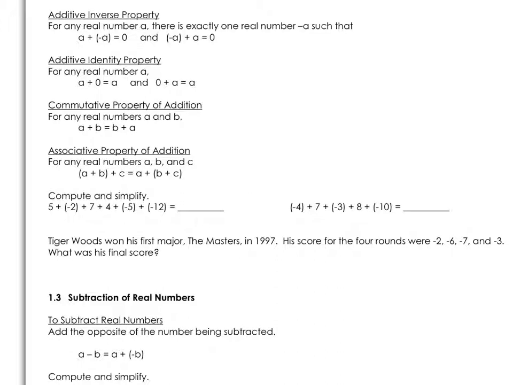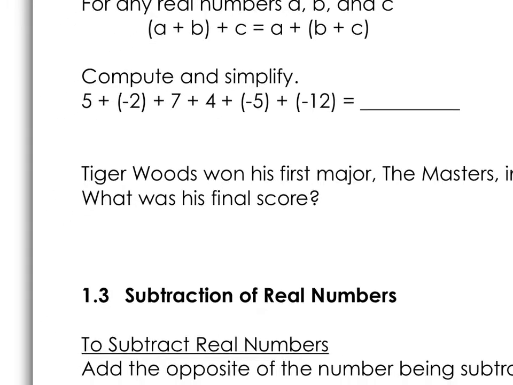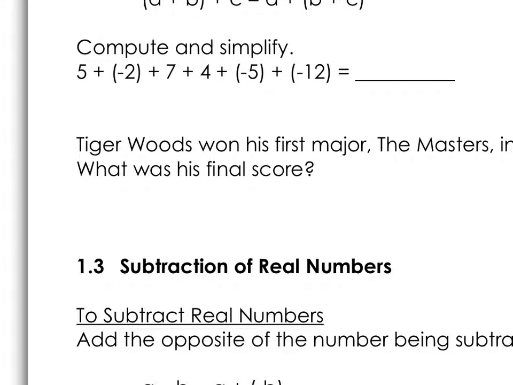So let's use these properties to compute and simplify. So what we found out is that a number and its opposite equals 0. So from this first example, because we have 5 and its opposite added together, we know we're going to get 0. We found out we can rearrange, we can put them in any order we want to, and we can group them however we want to.